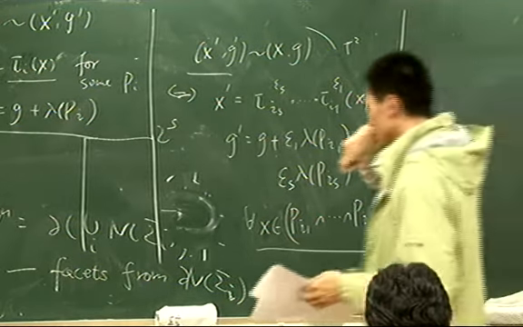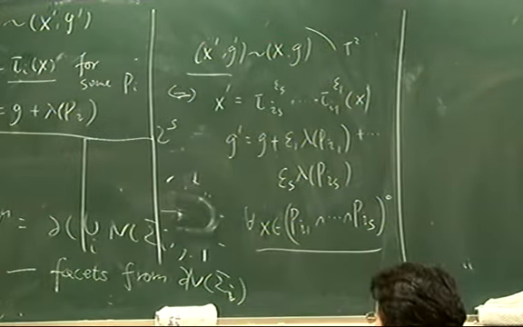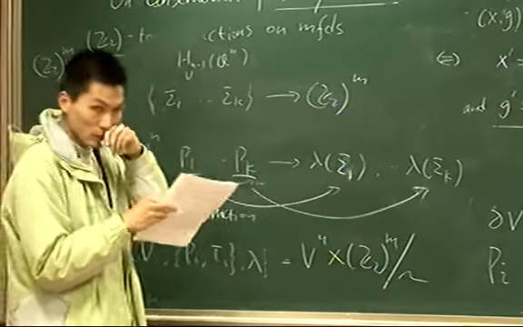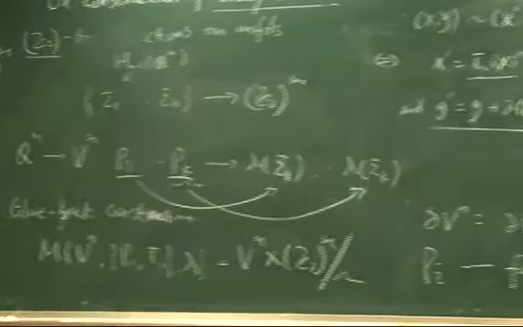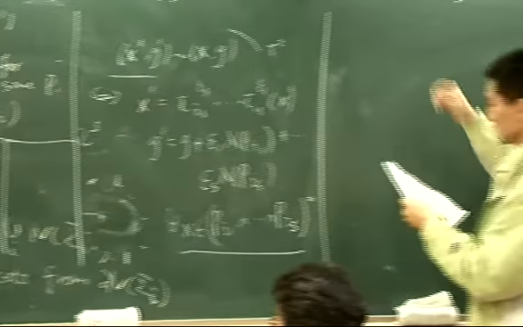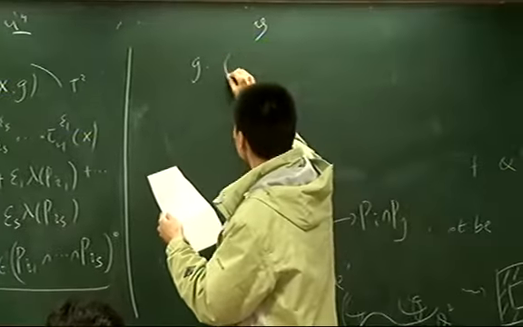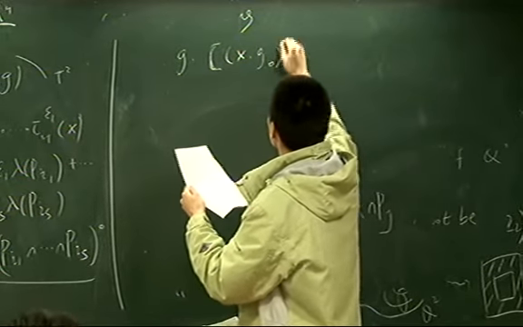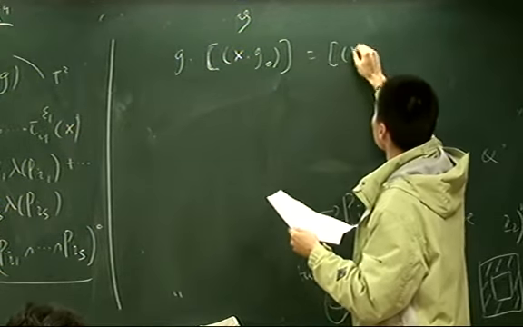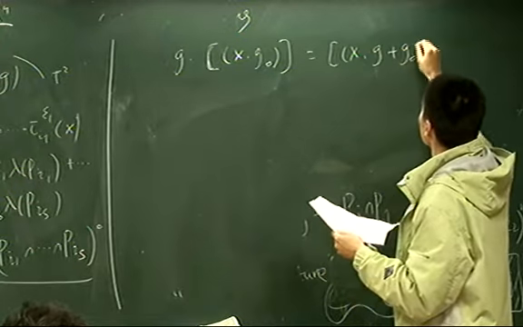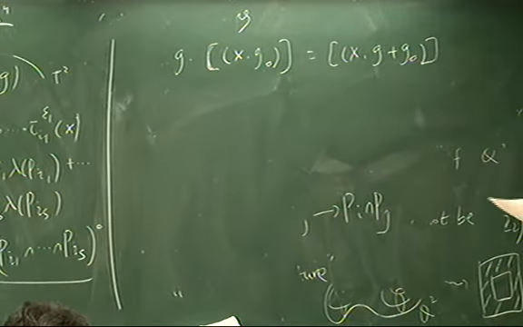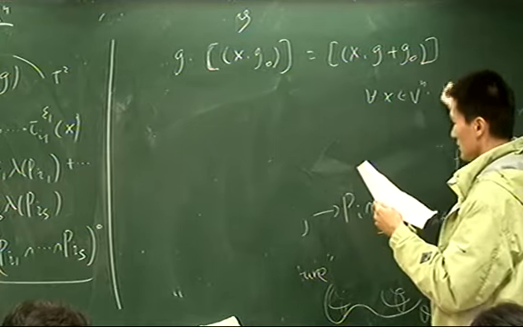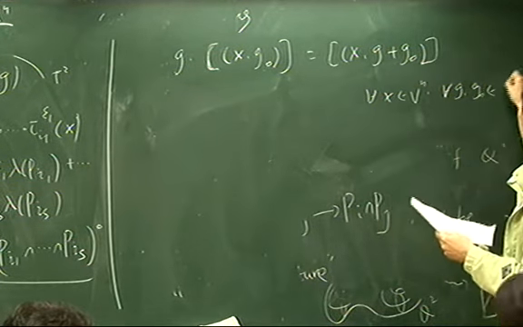And then I claim that this construction can recover our original principal bundle. But how to define the action? Here there's a very natural action to define on this space: x g goes to x, g plus g0, for g0 in Z2^m.